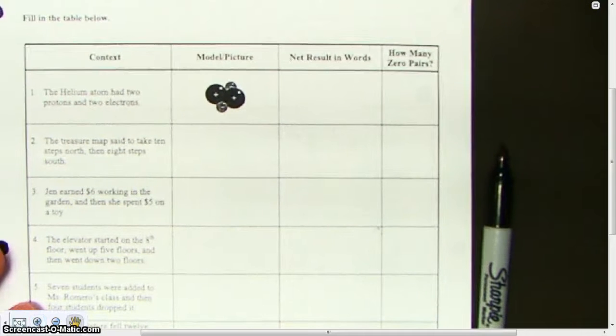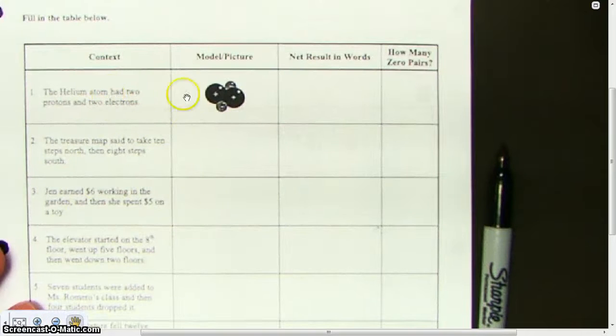So let's go ahead and look at this sheet here. I'll try to zoom in so you can see a little better. A helium atom had 2 protons and 2 electrons, and you can see their model, 2 positives, 2 negatives.